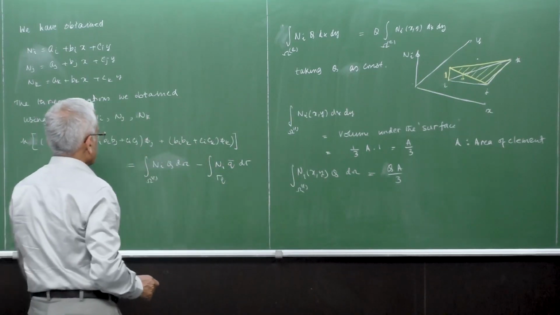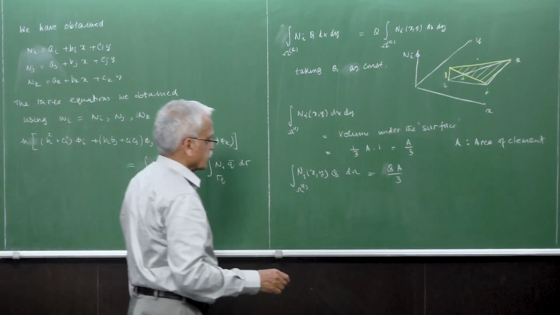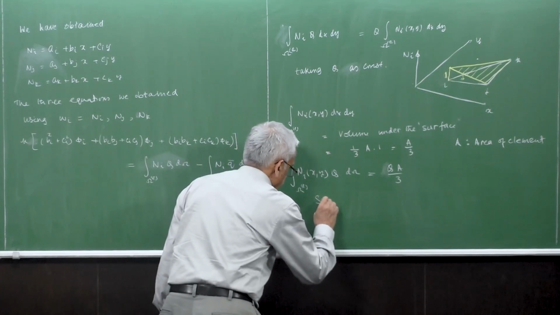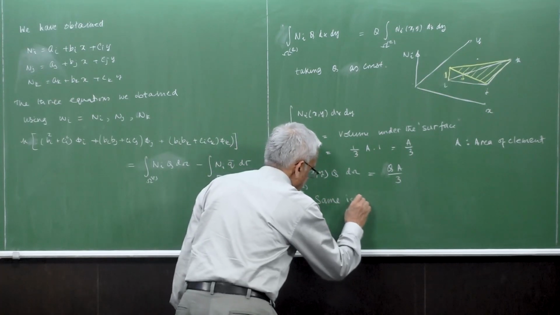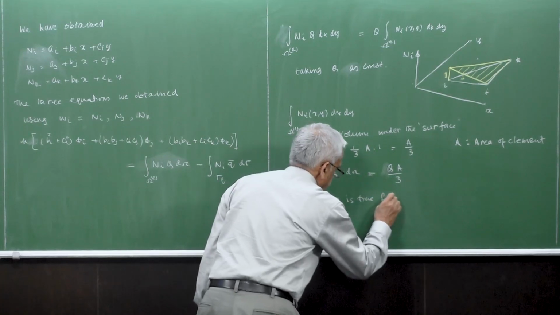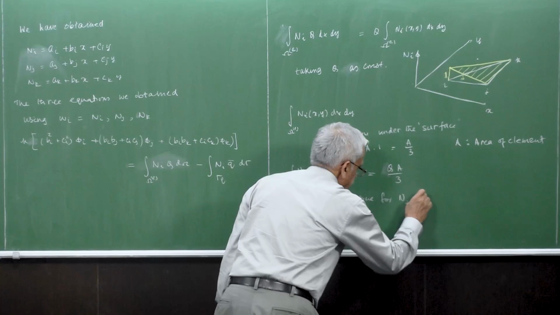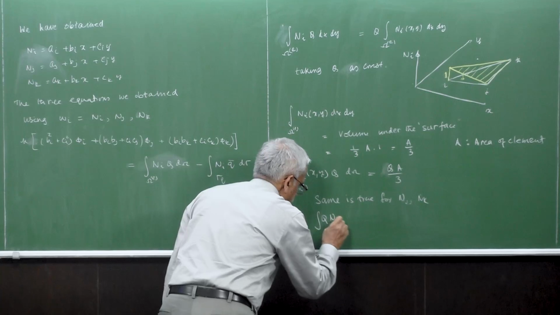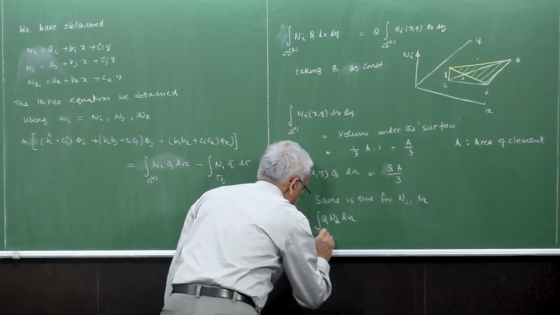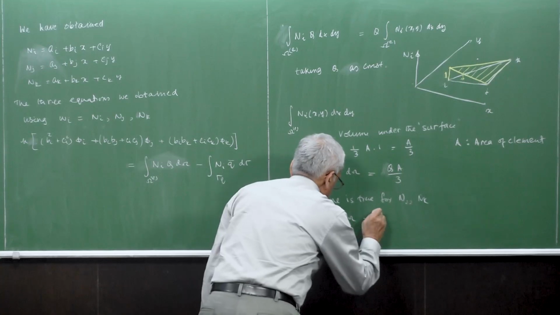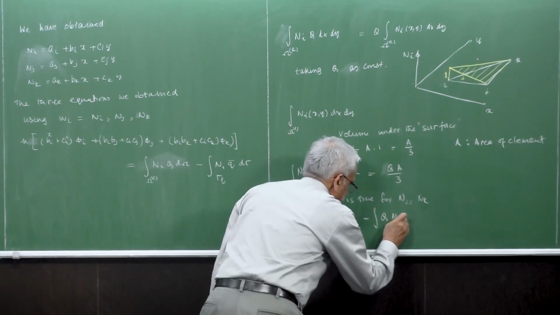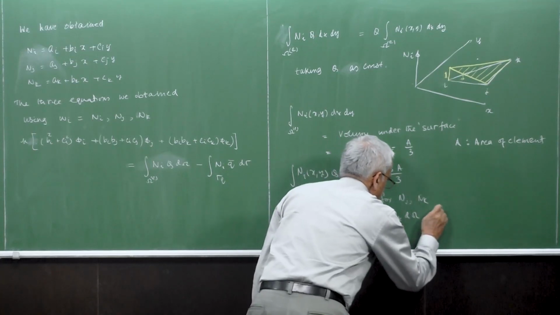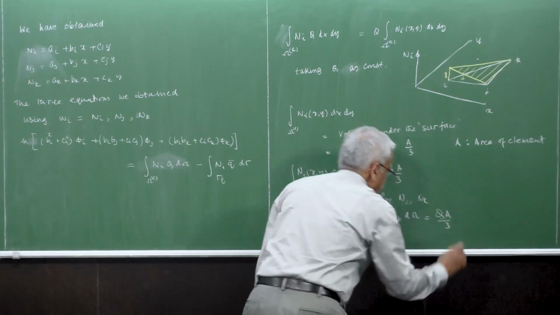Okay. So obviously the same thing is also true for Nj and Nk, in the sense that Q times Nj is the same as Q times Nk.